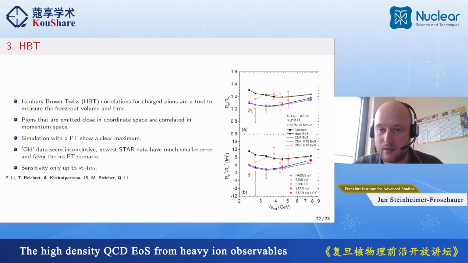There's the lowest point down here, which is below everything. This is absolutely not understood, I think, but there might also be some issues with this point. But again, HBT looks like it's favoring a rather stiff equation of state at high densities, high energies. What happens in this low energy region, I don't know. It could be anything.